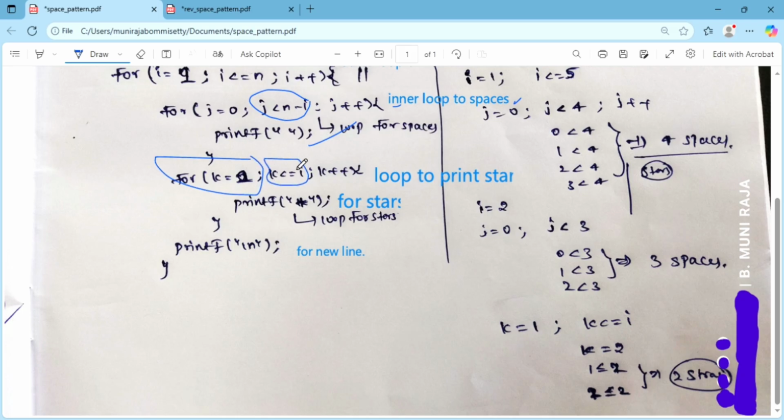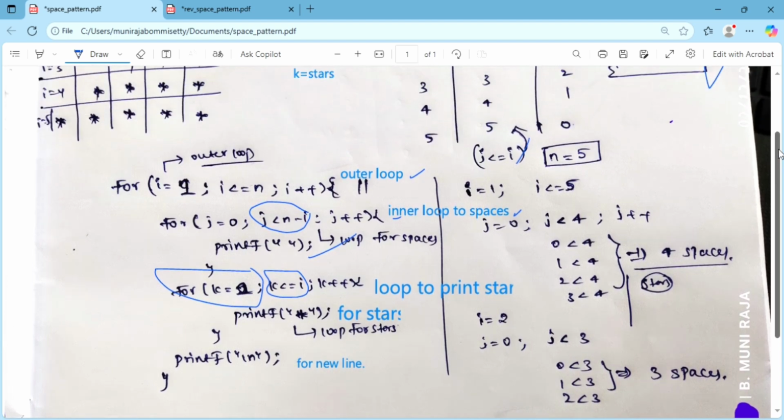It means that j less than n minus i. n is 5 and i is 1. So 5 minus 1 is 4. j less than 4, where the condition is true. Then increment the j value. 1 is less than 4, 2, 3 is less than 4. Here you get in the first row totally 4 spaces.